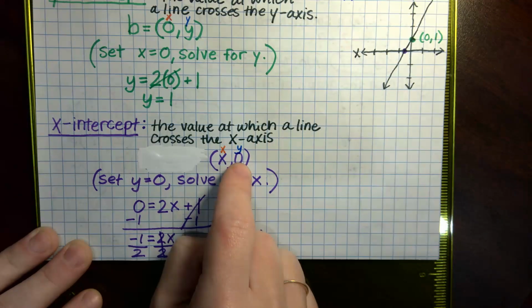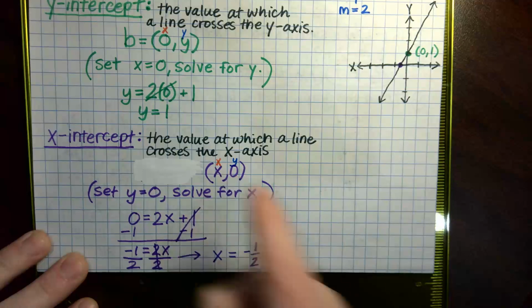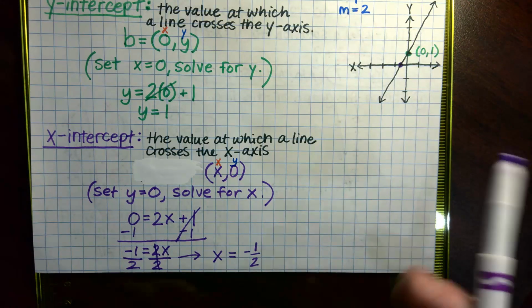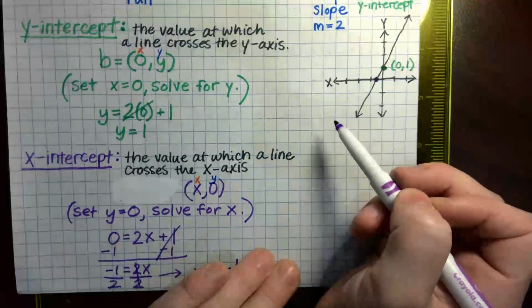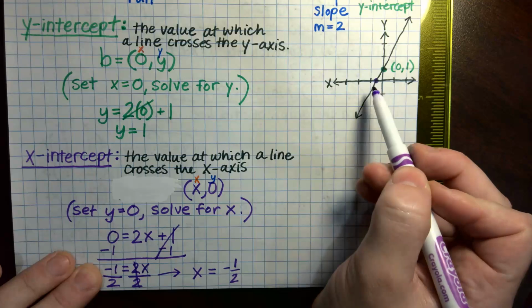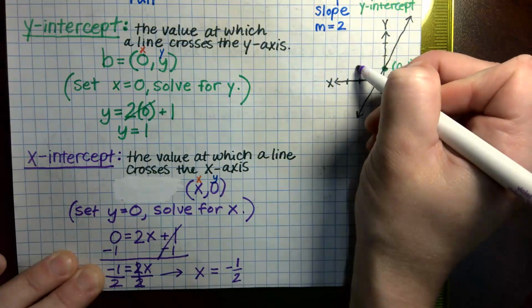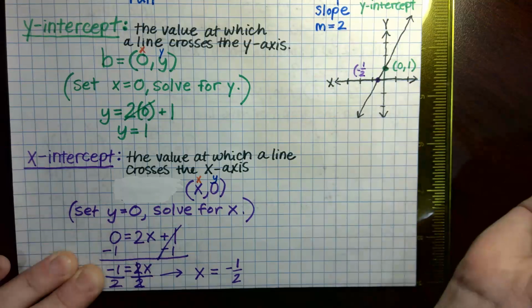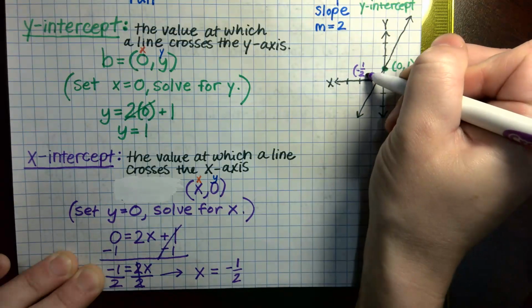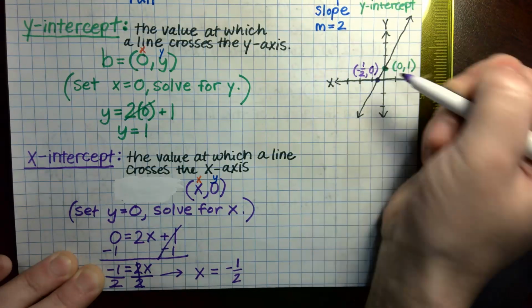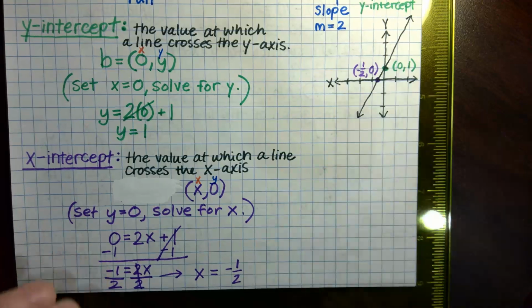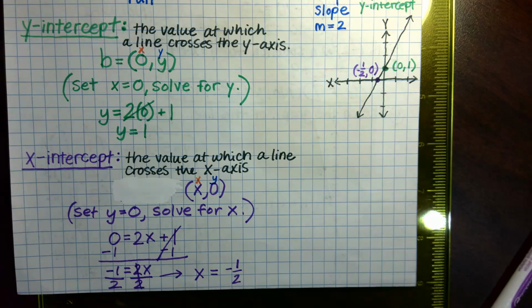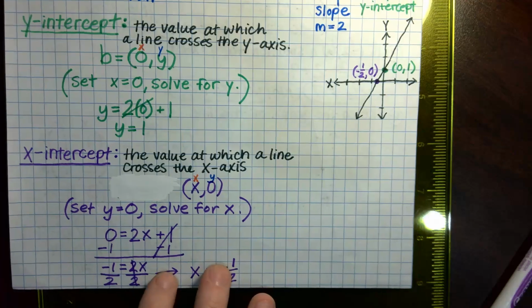And then we know that we put 0 for y. So, if we go over to the little graph we made here, we can label this point negative 1/2, comma 0 for y. So those are some points that we can plot using the x-intercept and the y-intercept.